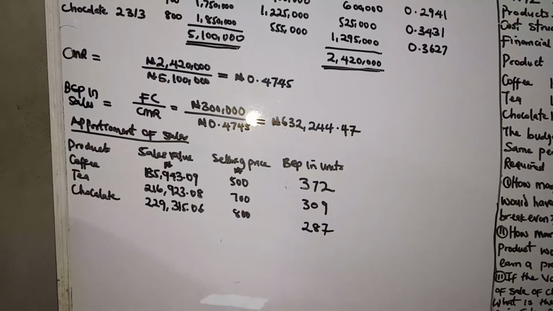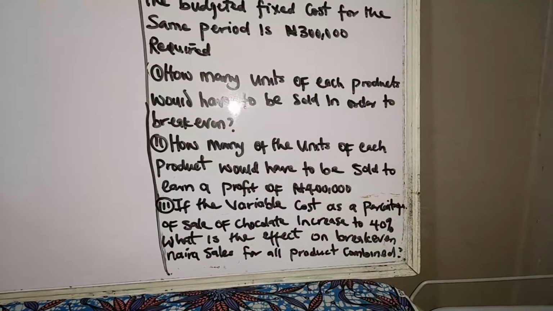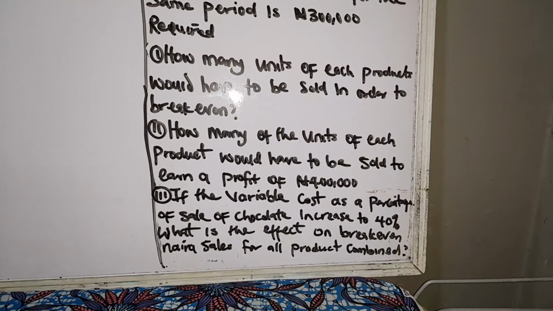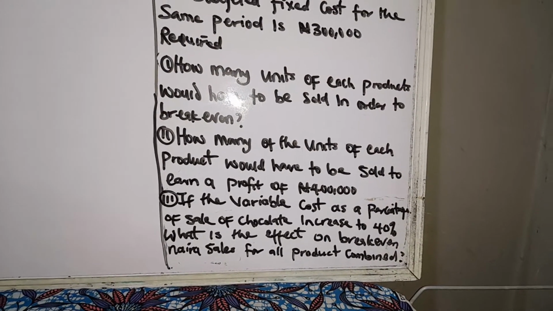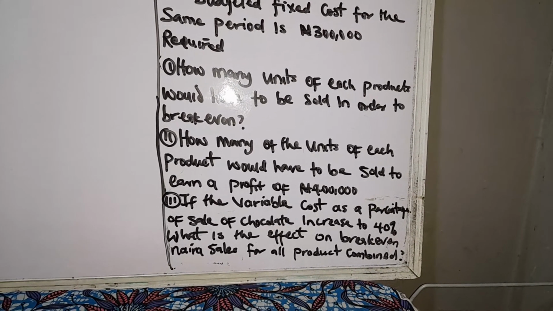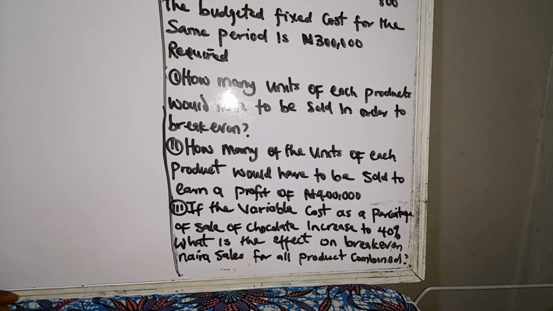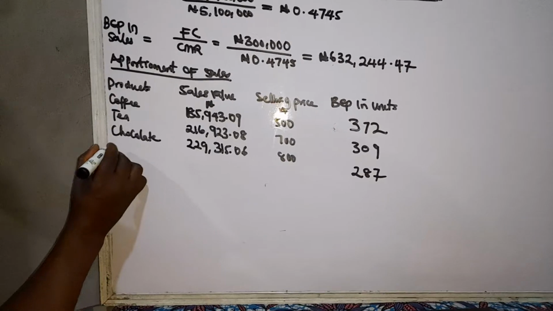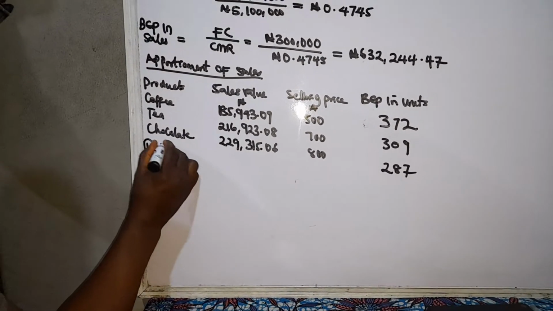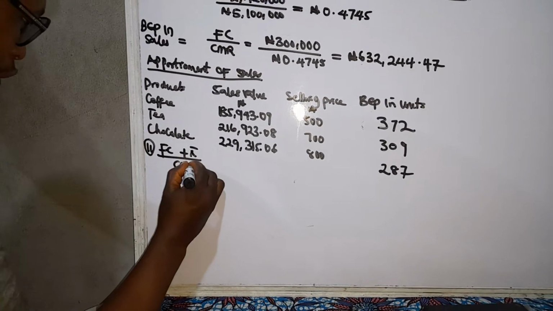So the next one. Let's take what's the next question. How many units of each product will have to be sold to earn a profit of 400,000 naira? So this is talking about targeted profit. That is number 2. So we come here, which is our fixed cost plus the profit all over CMR.